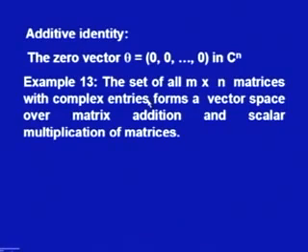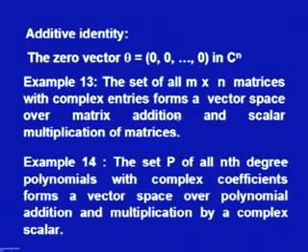I have taken this example earlier, but at that time these were real entries, and we have seen that they form a vector space. Now we will see that with complex entries they also form a vector space with respect to matrix addition and scalar multiplication.